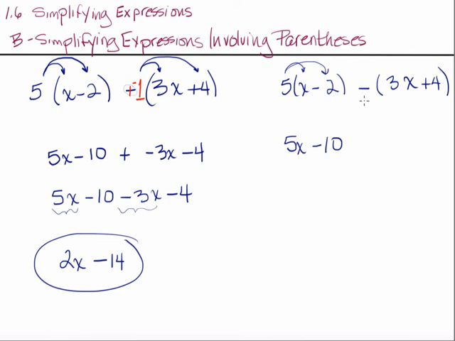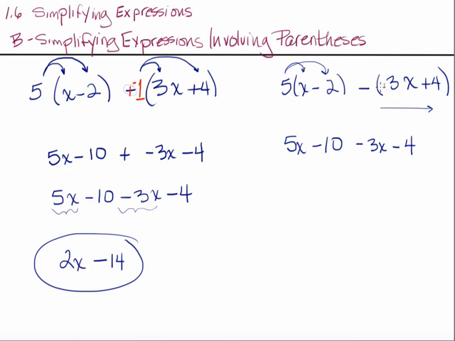Here, I want to think about this as being negative everything that follows it. In other words, I want negative this stuff. Well, this stuff is 3x plus 4. So negative this stuff has to be negative 3x minus 4.